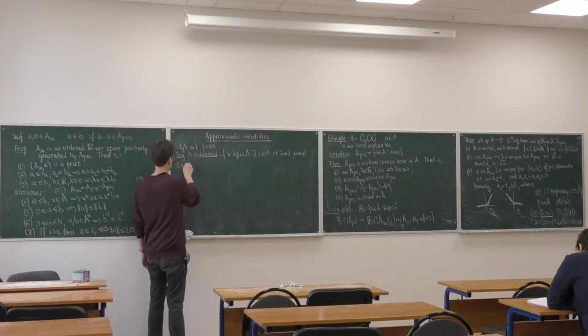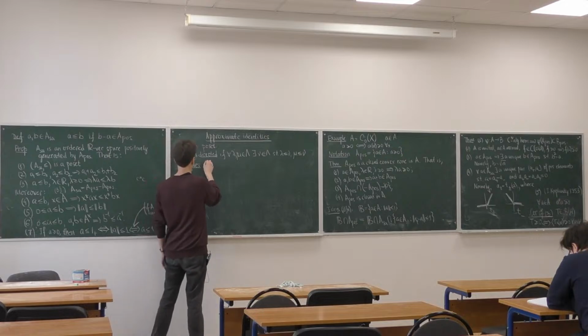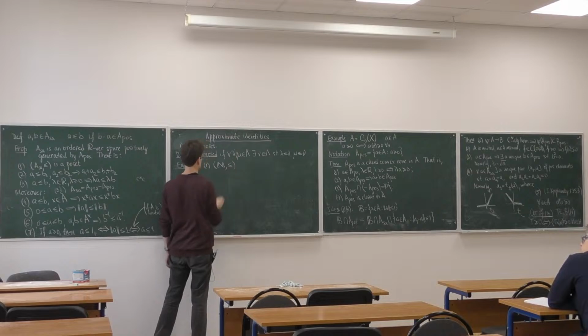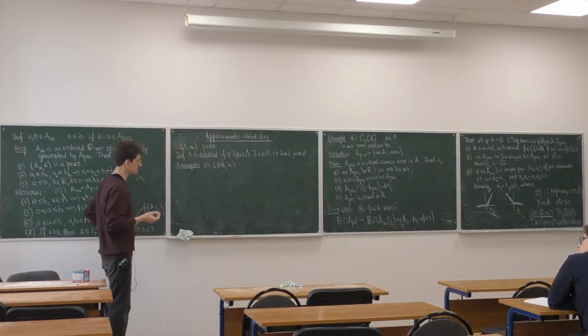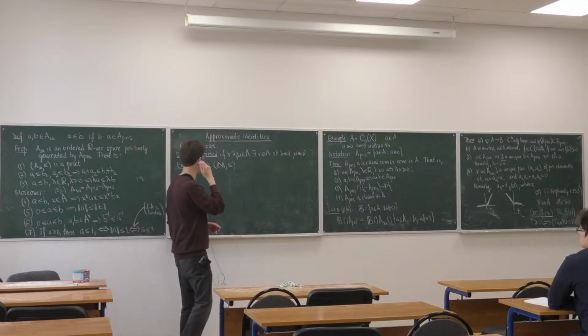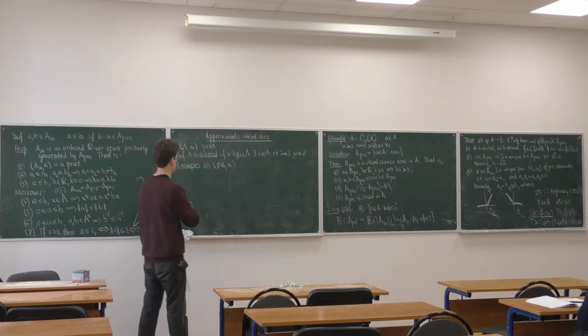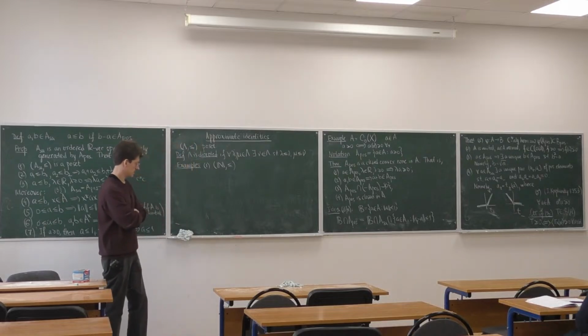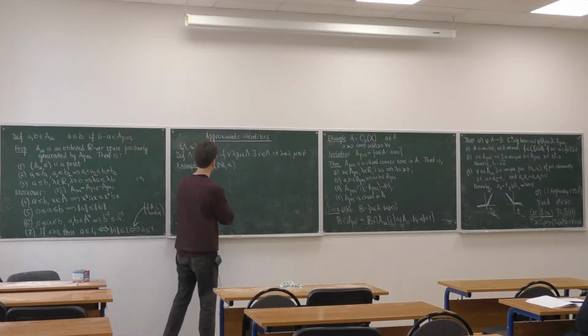Here are two typical examples to keep in mind. First of all, of course, the set of natural numbers with the usual order is directed. And more generally, any well-ordered set, any totally ordered set is directed.